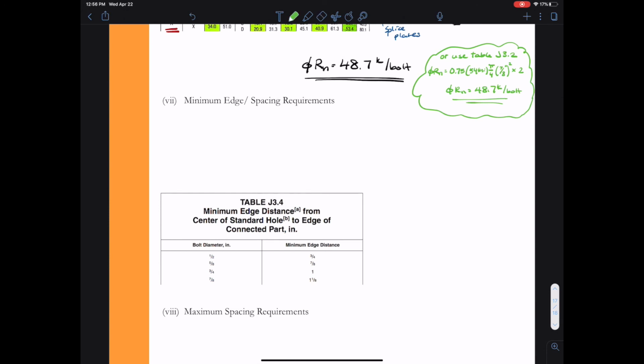Finally, let's take a look at our minimum edge and spacing requirements, and then we'll look at our maximum spacing requirements. For our minimum edge and spacing requirements, we said that the minimum spacing has to be at least 2 2/3 times the diameter of the bolt.